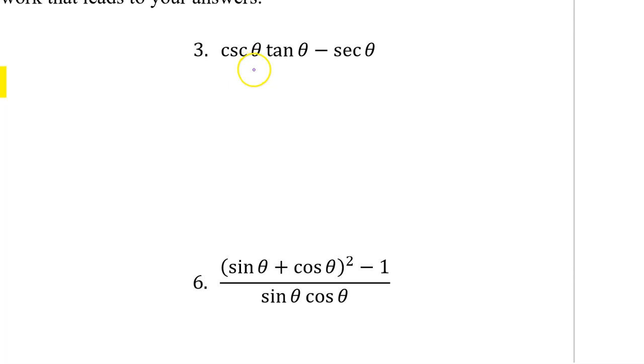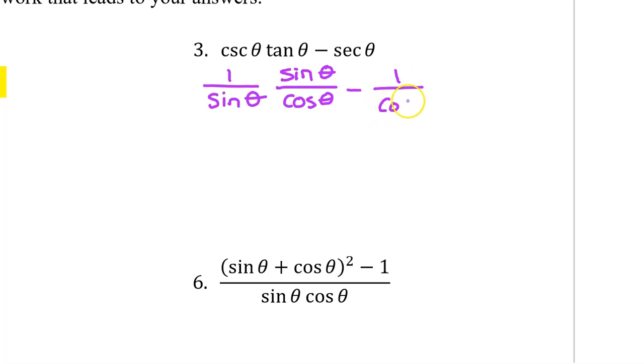For number 3, I'm going to fall back on our favorite strategy, which is to rewrite everything in terms of sine and cosine. Cosecant theta can be written as 1 over sine theta. Tangent theta can be written as sine theta over cosine theta. And then secant theta is 1 over cosine theta.